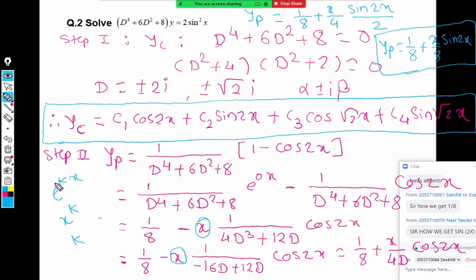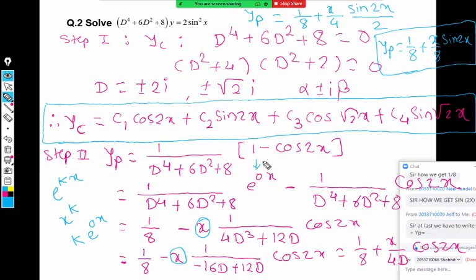So whenever e raised to kx is there, we replace d by k. Whenever x raised to k is there, we replace d by log k. And when k is there, k can be written as k into e raised to 0x, and we replace d by 0. So here only 1 is there, so 1 can be written as e raised to 0x. E raised to 0x is only 1. Is it clear? Okay sir.